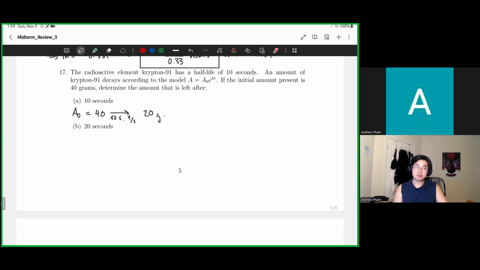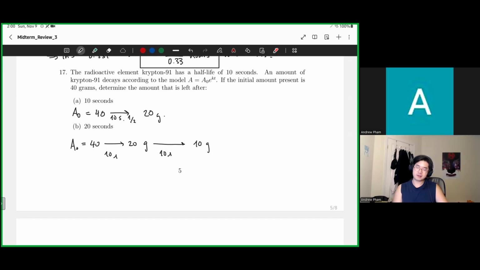And for B, a similar thing happens, right? If A0 stays 40, for 20 seconds, it first goes through one half-life at 10 seconds. From 0 seconds to 10 seconds is 10 seconds. So one half-life occurs. And if I go through another 10 seconds, I have my amount halved again. So I now have 10 grams.